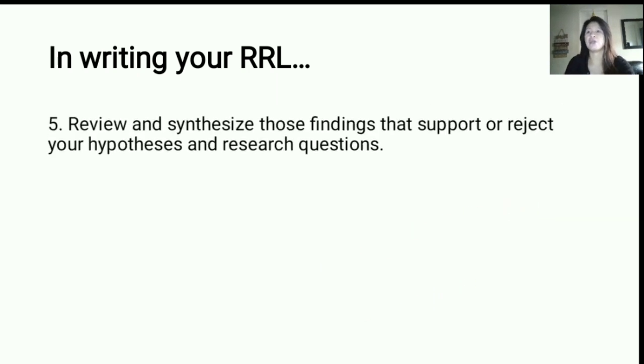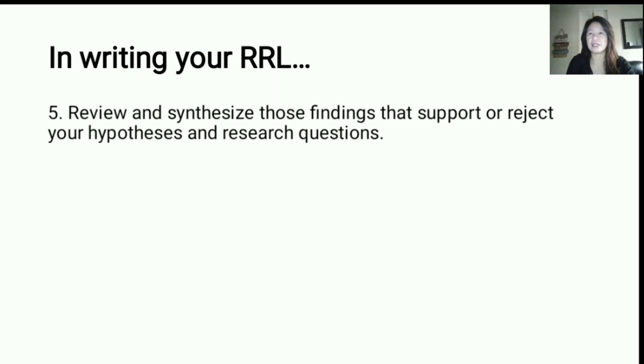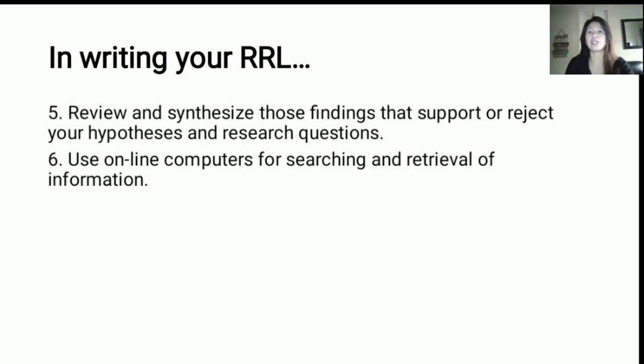Number 5, review and synthesize those findings that will support or reject your hypothesis and research questions. After gathering information, learn to filter all the information. Number 6, use online computers for searching and retrieval of information. You can utilize the internet in securing materials and information.